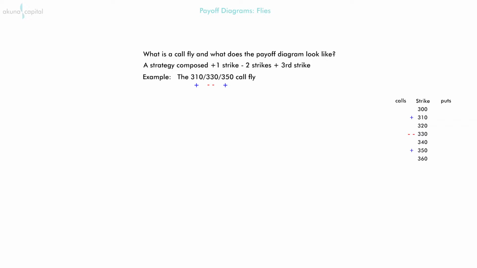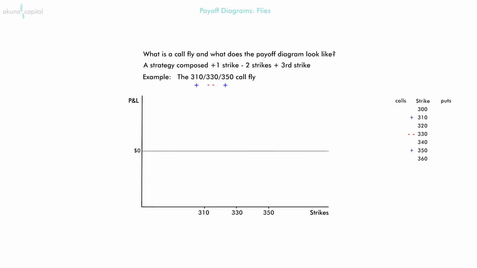So let's go through the payoff by adding the four strikes together from left to right using what we learned in our call spread video. I'll start with our axes, which are again P&L on the y-axis and strike space on the x-axis. I've drawn our zero line horizontally, which will help us distinguish between ending up positive or negative in P&L for each point on our plot.